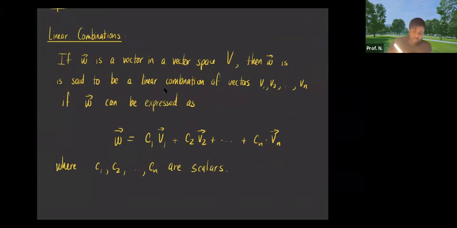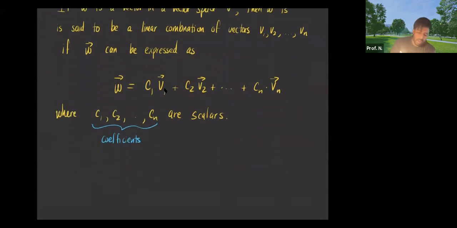We call the C1 through Cn the coefficients of the linear combination.